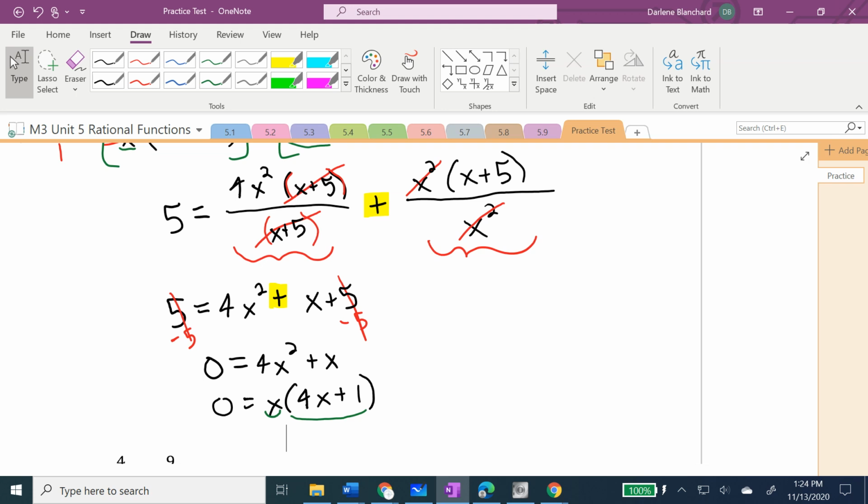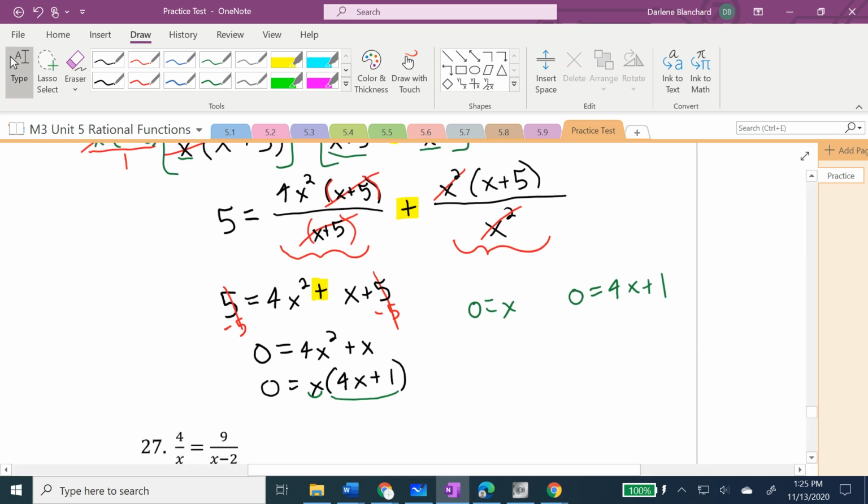Not quite. You have 0 equals x, and you also have 0 equals 4x plus 1. So set each factor equal to 0 and make sure that they are not extraneous.